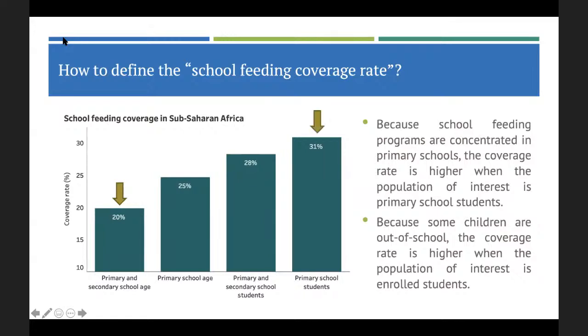And the World Food Program, in their recent publication, The State of School Feeding Worldwide 2020, made a choice to adhere to the definition that is on the far right, which is also a completely valid way to construct this indicator. And the only reason I mention it is because I think it illustrates the way that we need some standardization of definitions around school feeding so that we're not using the same term to measure something that is different.